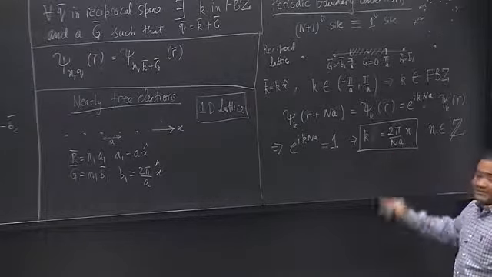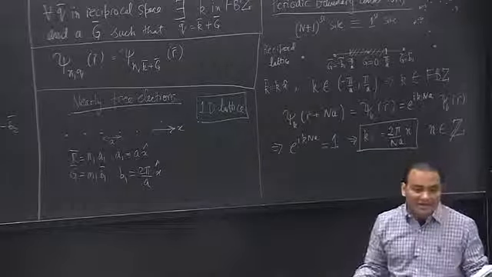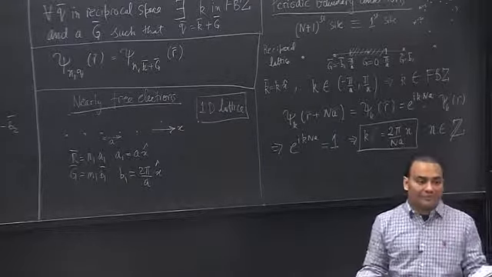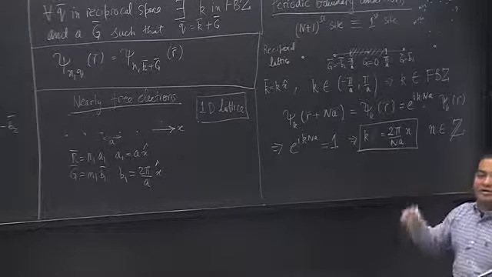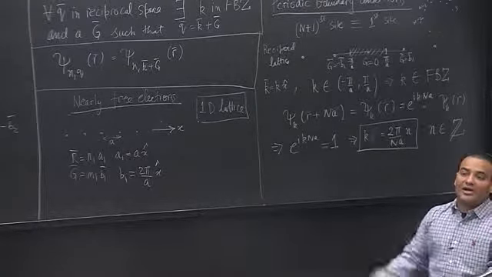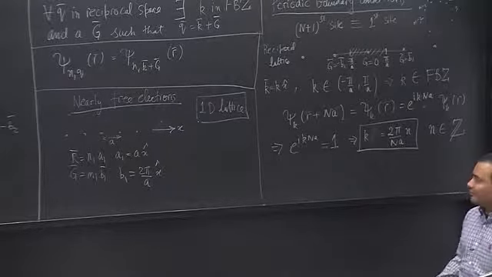So if the system size, the number of sites, is very, very large, essentially it's a continuum. But for a finite system, in general, imposing periodic boundary conditions quantizes the values of k that the system can have.